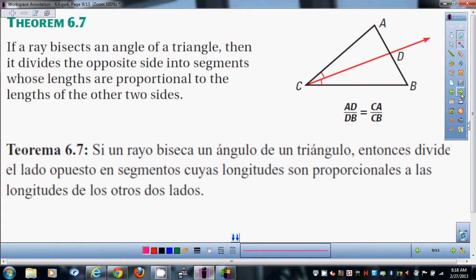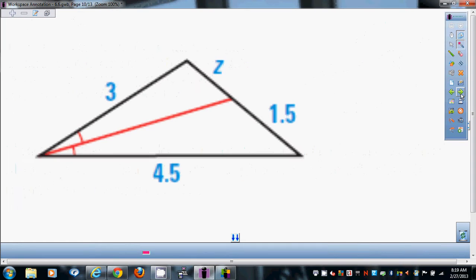Does anybody need me to pause on this slide? Okay. Once again, it's just going to be setting up proportions, like a D1. Now, Yasmin, how would you set this one up? That'll work. Gotta be consistent. If you go long side to short side, then you gotta go long side to short side again.